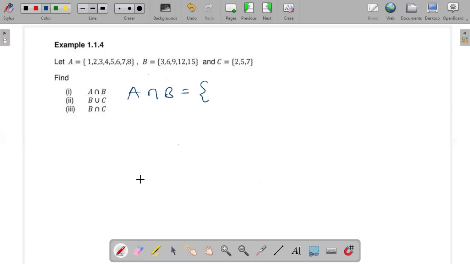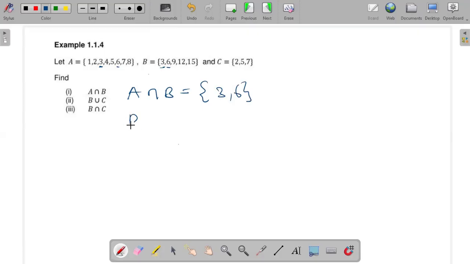Okay, somebody says 3 and 6. So let us check if 3 and 6 is what is in the intersection. So when I look here, the intersection means elements that are common in both sets. And of course, you have 3 there, and you have 6 there. So 3 and 6 is correct.